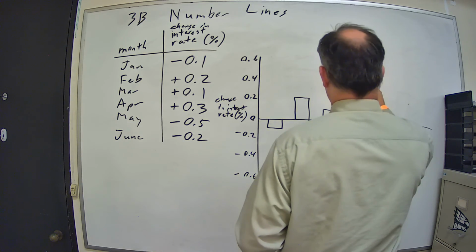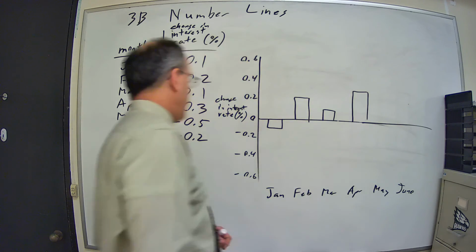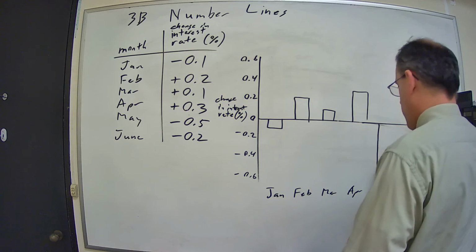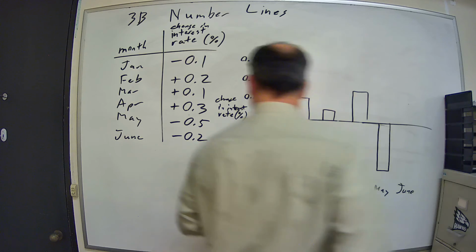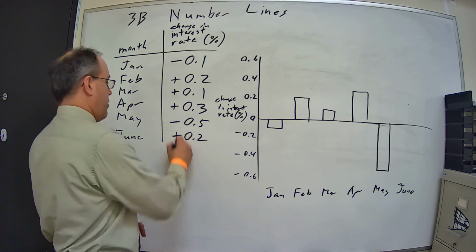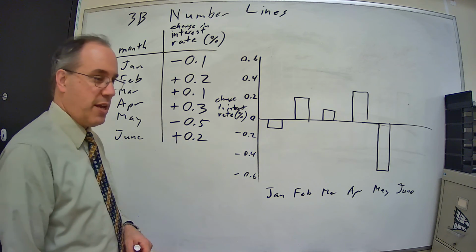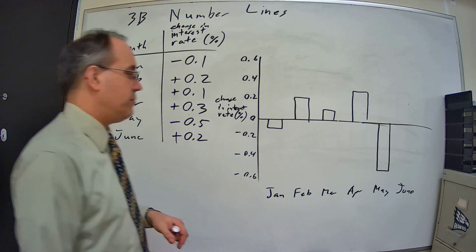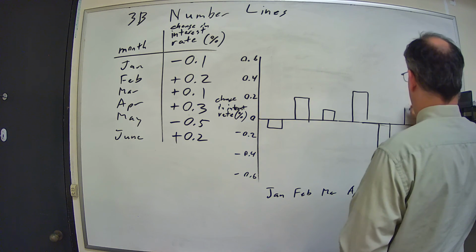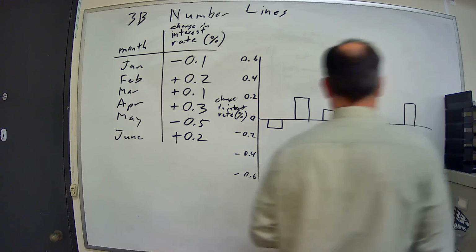In May, it goes down by 0.5, so it's going to go down by 0.5. And then in June, it went down by 0.2. I think I had said I wanted that to go up, so I put the wrong sign there. So up by 0.2. So it goes back up by 0.2.